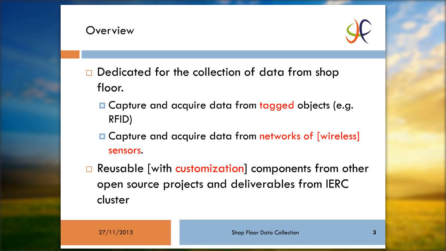The two types of technologies that we are trying to use are capturing and acquiring data from tagged objects by making use of RFIDs, and data from networks of sensors, which can also be wireless sensors. The major idea behind this specific enabler was to make use of deliverables from other IRC projects or make use of other open source projects.